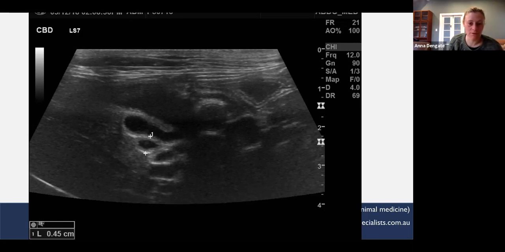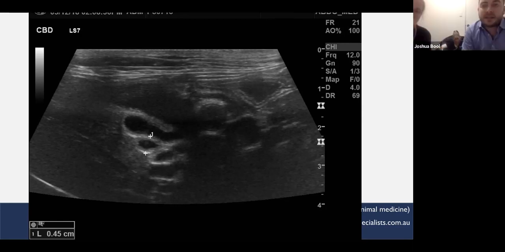So looking at the measurement, you've said it's dilated or distended, which is true. Do you know anything about the cutoffs measurement-wise for obstructed versus cholangitis? 5 millimeters is the cutoff I keep hearing, but I'm assuming this is pretty close, so that's possible.